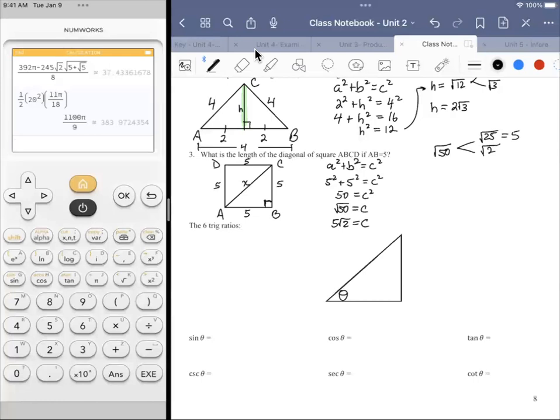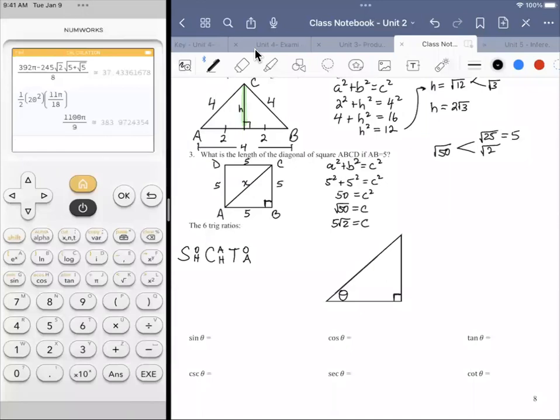All right. For the 6 trig ratios, we start off with the basic 3, which is sine, which is opposite over hypotenuse, cosine, which is adjacent over hypotenuse, and tangent, which is opposite over adjacent. All right. So from the perspective of theta and the right angle, we can identify the opposite side and the adjacent side.